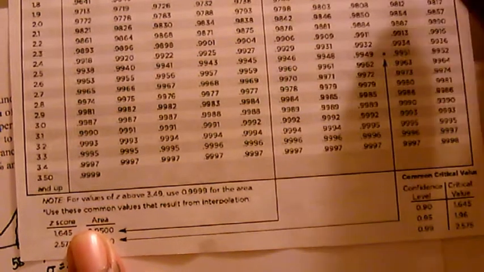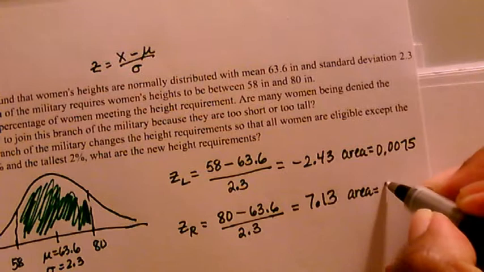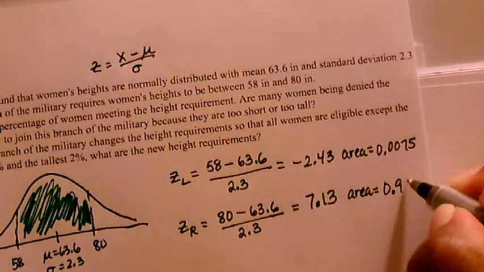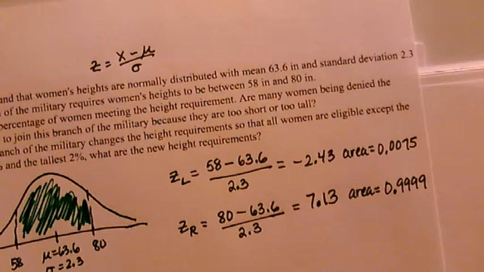Okay? Here in this case, 7.13 is above the 3.49, so that area is automatically going to be 0.9999. That's what we use for values that are from 3.49 on up, or any values above 3.49.